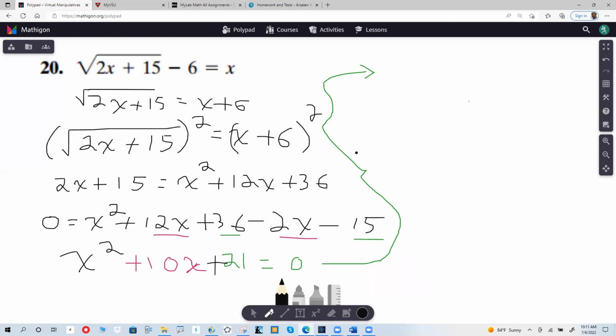Now, we have done factorization, but this is what it's going to be.